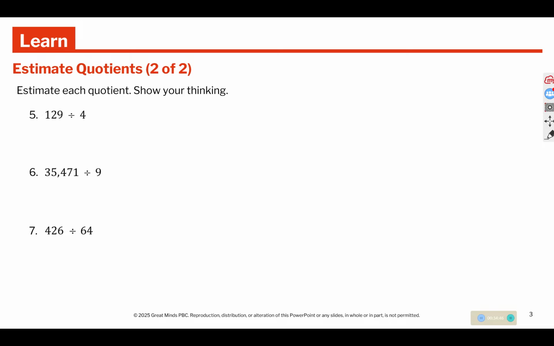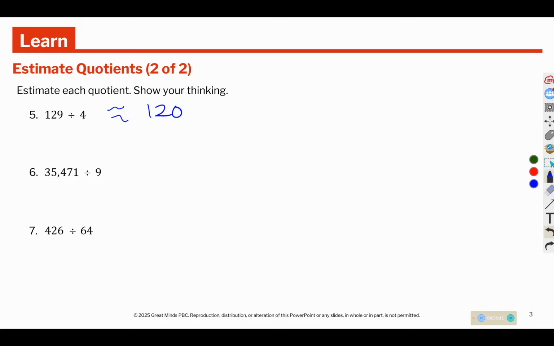In your workbook, you have 5, 6, and 7, where you are estimating each quotient and explaining your thinking or demonstrating your thinking. This one, we can say 129 is approximately 120.